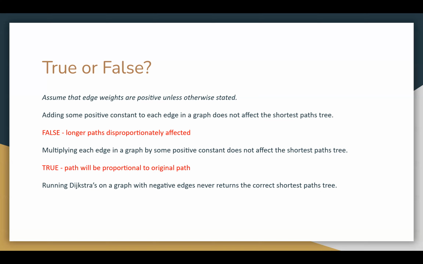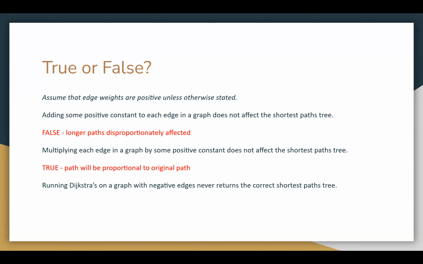The total weight of our paths will now be kW0, kW1, and so on, kWi. Our shortest path will still be our shortest path. It's just that its weight will be some proportional constant k times its original weight.